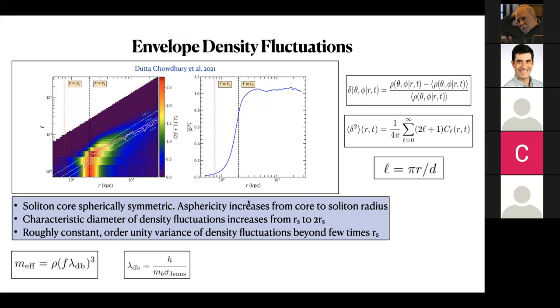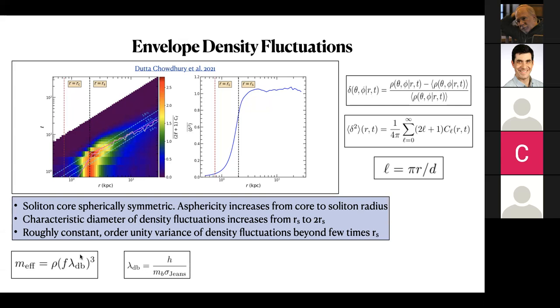Okay. And the final thing in this plot that we can do is compare what we get from these simulations to some analytical models. There are these models which say that outside the soliton, we can treat the fluctuations in the halo as a field of quasi-particles. The mass of these quasi-particles depends on the average density of the halo, and also on the de Broglie wavelength, where the de Broglie wavelength is just h over the boson mass and the Jeans dispersion of the halo.